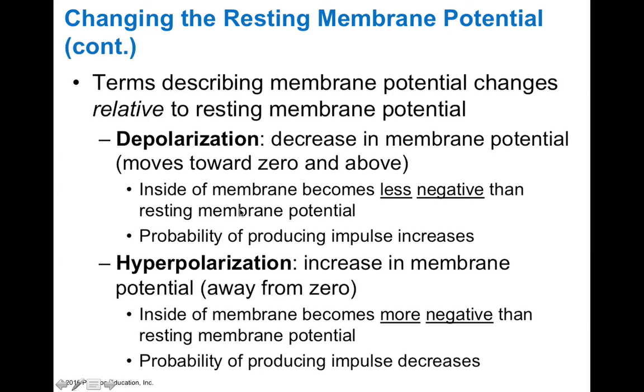Depolarization is when the voltage of your cell becomes slightly less negative than resting membrane potential. And hyperpolarization is when the voltage of your cell gets more negative than resting membrane potential. If your neurons are depolarizing, this increases the probability of causing an action potential. If your neurons are hyperpolarized, this decreases the probability of producing an action potential.